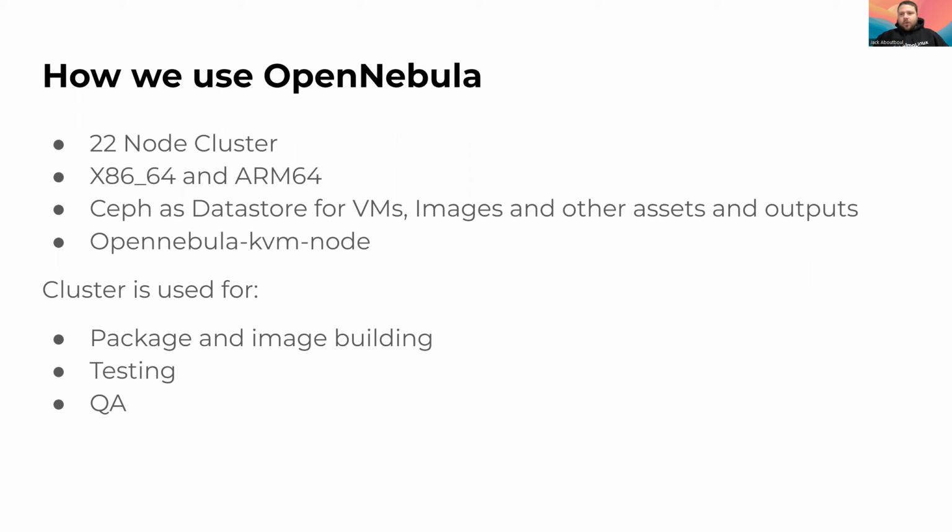I'm not going to go into the whole mechanics of building the packages, that's for another talk. Then everything gets tested, and we do lots of QA on the packages and the final images as well. So there's a lot of work that goes in to making sure that everything works properly, and OpenNebula really helps fuel a lot of that.